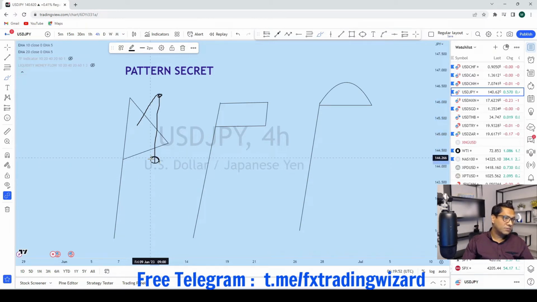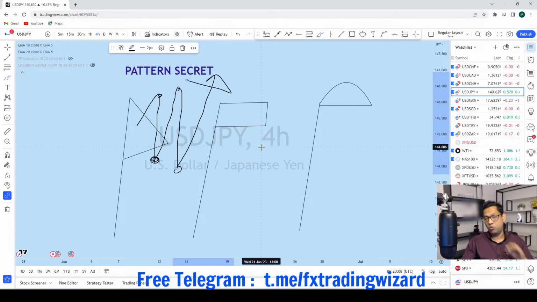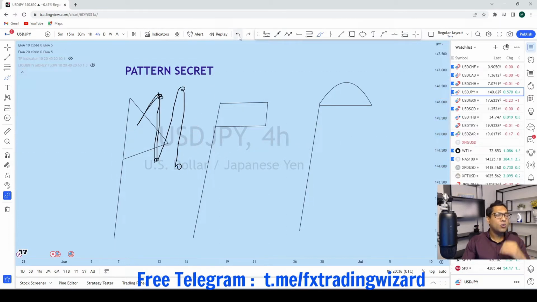And you will see that the market might go back up again to grab liquidity again from the top, and then the market will come back down to break the previous liquidity zone, and then the market creates its move. Very, very simple.